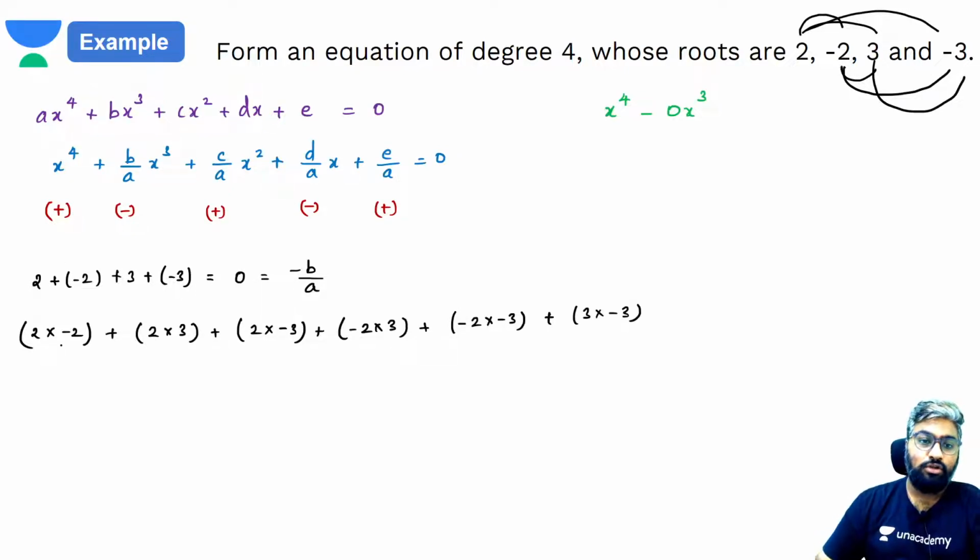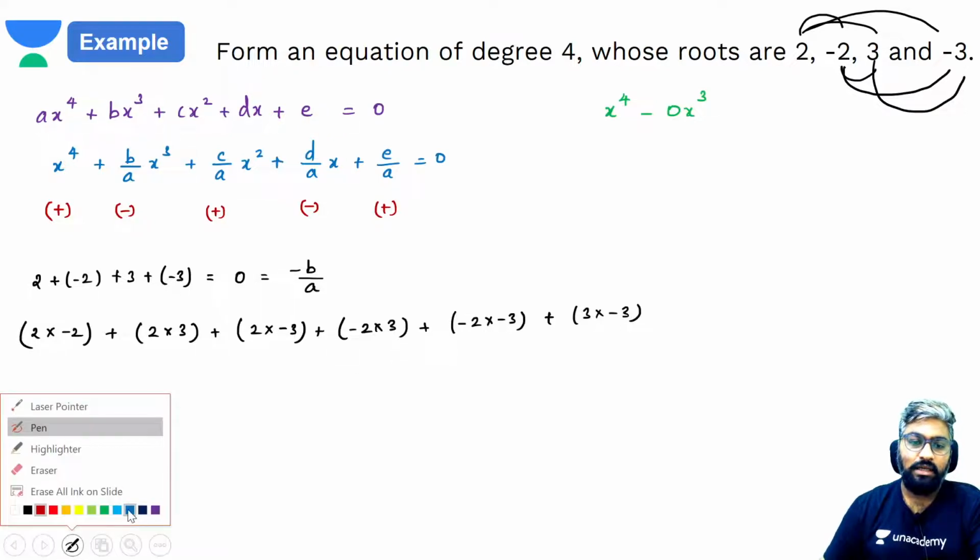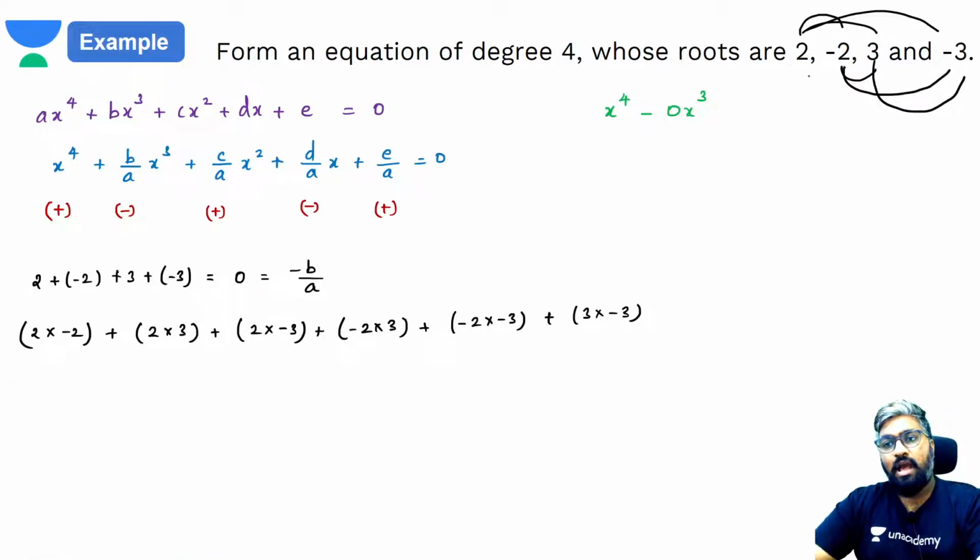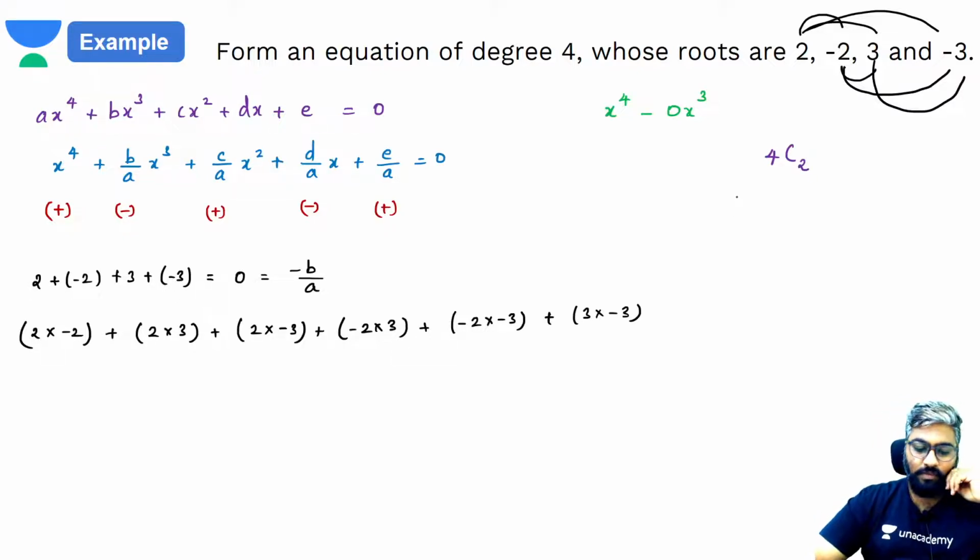If you want to check whether I have covered everything, listen carefully. There are 4 roots. Out of that you want to make groups of 2. So 4c2 is equal to 6.